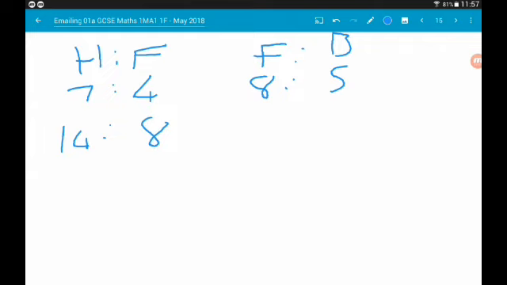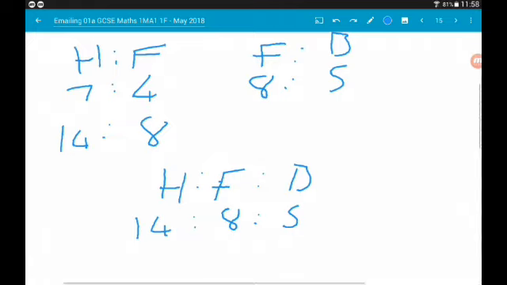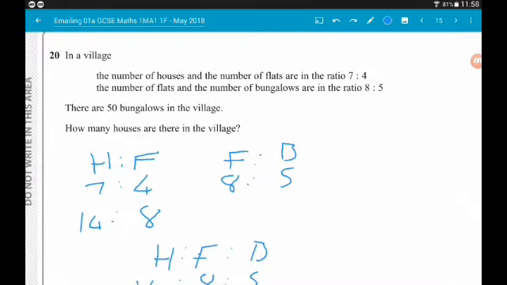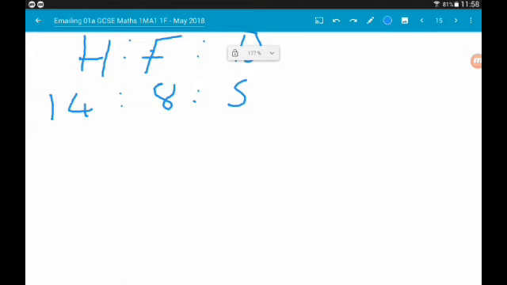So as a single ratio, H to F to B, we've got 14 to 8 to 5. Now, we know that there are 50 bungalows in the village. How do we get from 5 to 50?